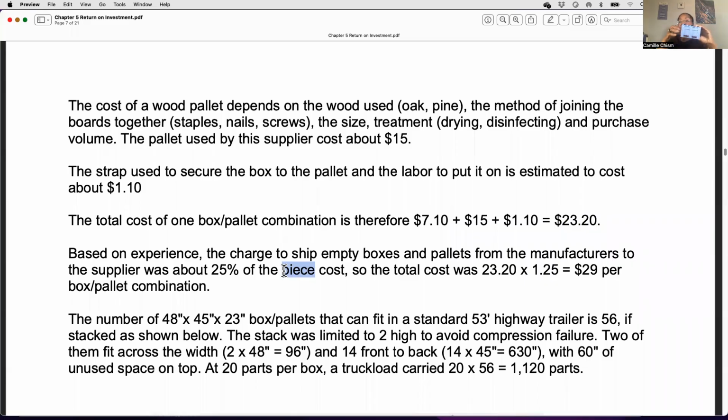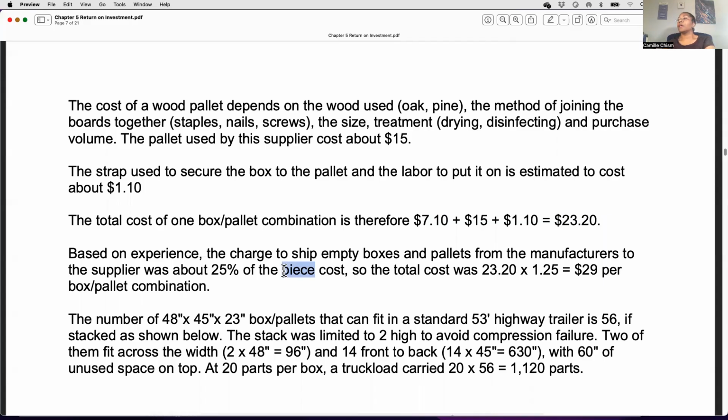The cost of this bin, let's say the bin is $20 or your tote's $20, and you have 20 parts in here, you're going to take $20, 20 parts. So you know that each part is going to cost about $1 for each part for packaging, is what they figured.